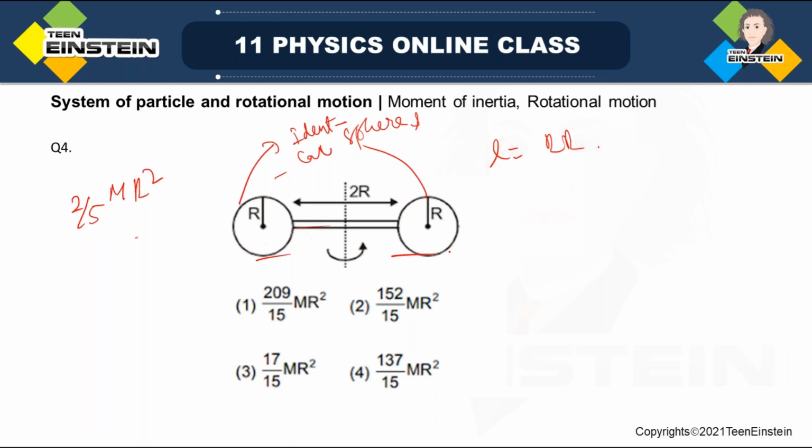Now this rod also has moment of inertia about this. Suppose that is I01. That has m l square by 12. L means 2r, so m 4r square by 12.